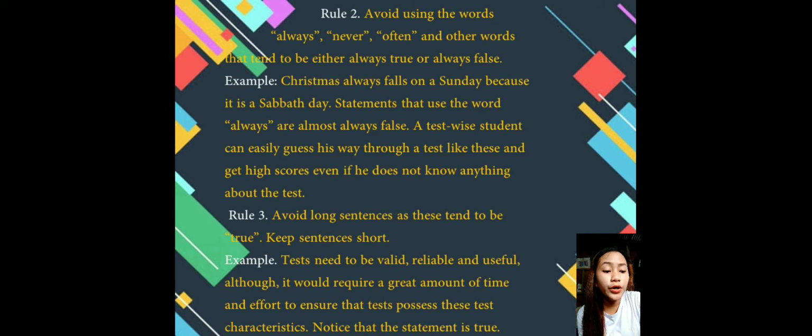Statements that use the word always are most always false. A test-wise student can easily guess his way through a test like this and get high scores even if he does not know everything or anything about the test. So, with that, we'll go on to rule number 3.